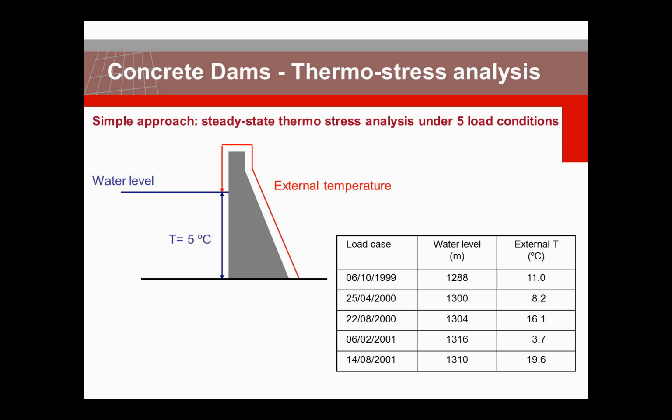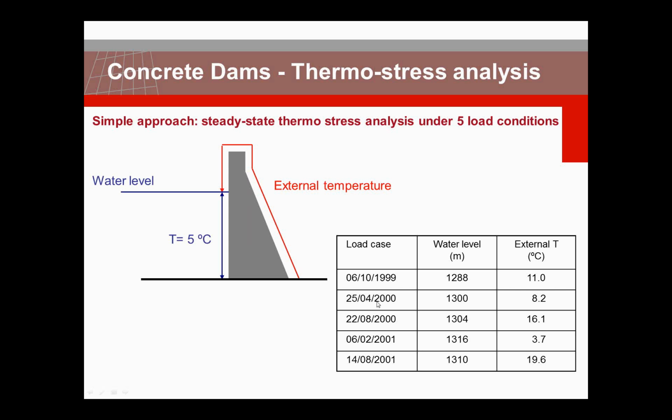And the purpose of the benchmark is to predict monitored displacements on this dam. So here you see a schematic cross-section of the dam, on which on one side you see the water level, which varies with time. The temperature of the water was assumed to be constant, and on the remaining cross-section of the dam, external temperatures, which were of course the environment temperature changing every day of the year, were considered.